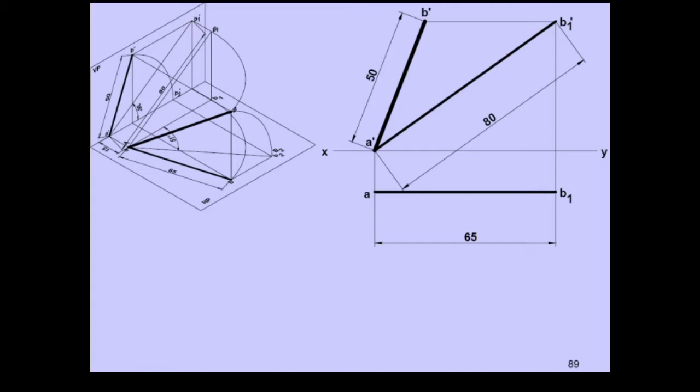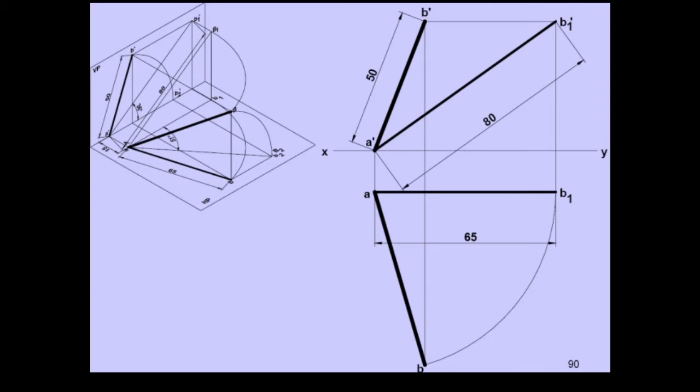So A dash B dash becomes the final front view of the line. Now to locate the top view, draw a projector from B dash, and considering AB1 as radius, draw an arc to intersect the projector through B dash at B. Joining AB in the top view gives the final top view of the line.